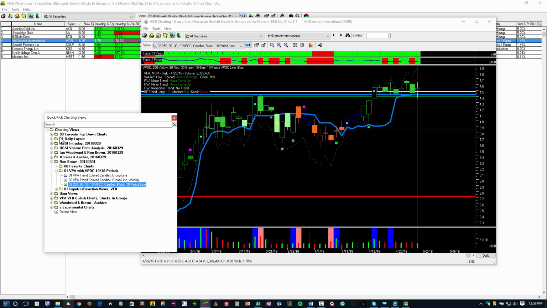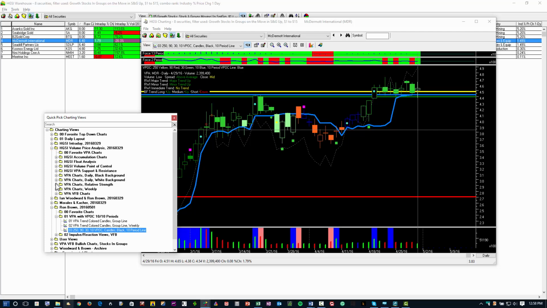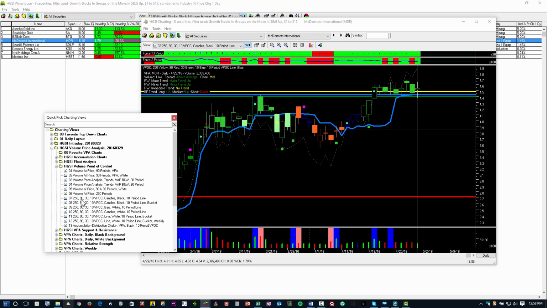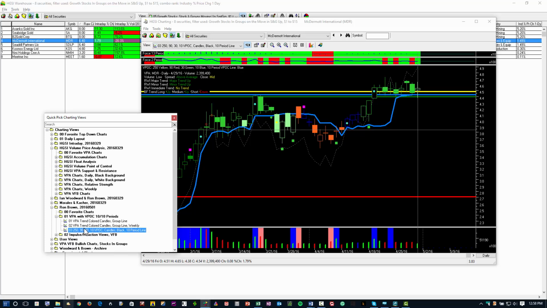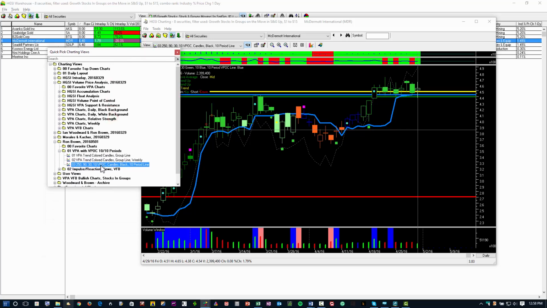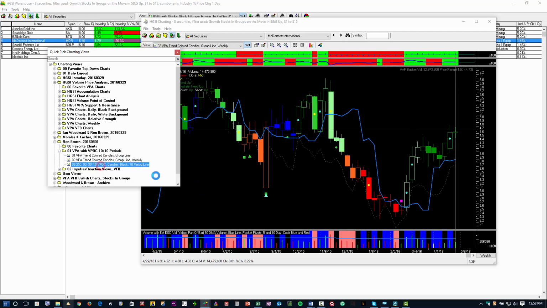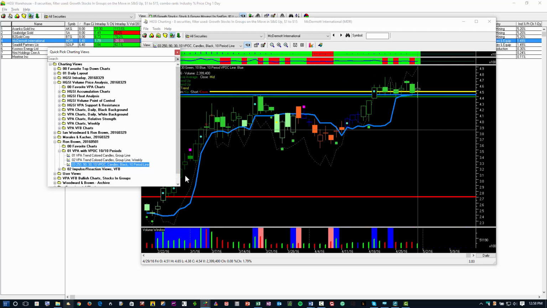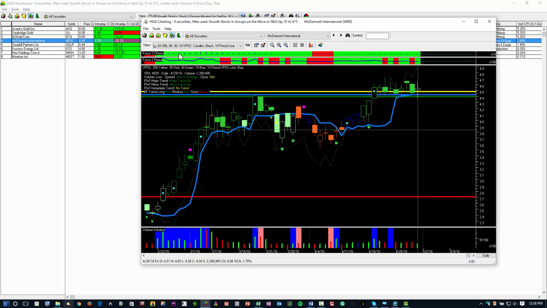It was in there before under the volume point of control. It's the number 7 view. I just pulled it down and renumbered it to number 3. If that's confusing for you, you can rename it number 7, but I'll be using this one a lot more than going up there and looking through all of those other charts.